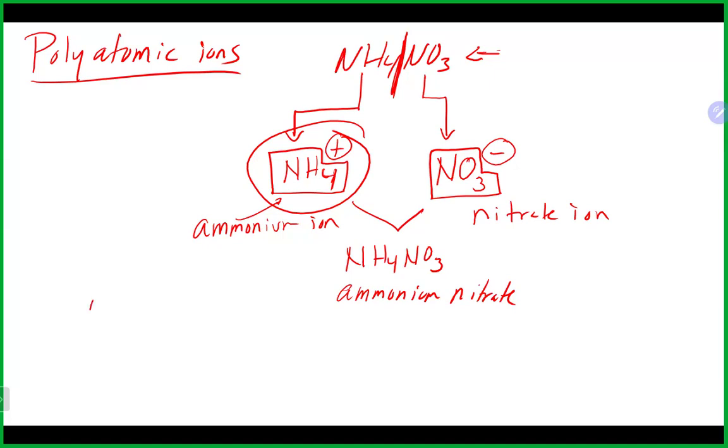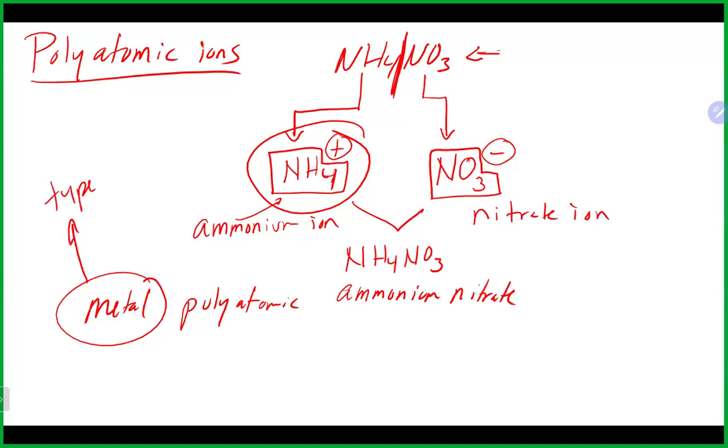And that means that when that happens, what you're probably going to see is something like this, a metal with a polyatomic ion. And as we talked about earlier, as soon as a metal's involved, that is really where you should focus your attention. At that point, what you should try to decide is whether that metal is a type 1 metal or a type 2 metal.